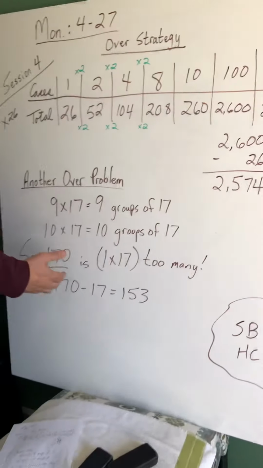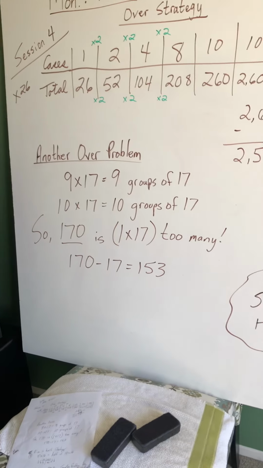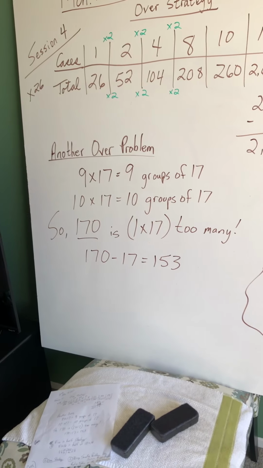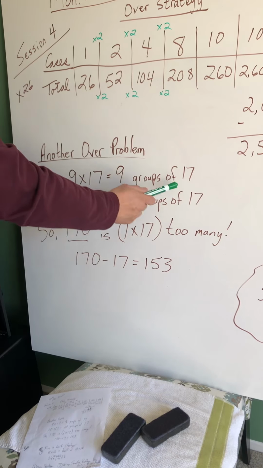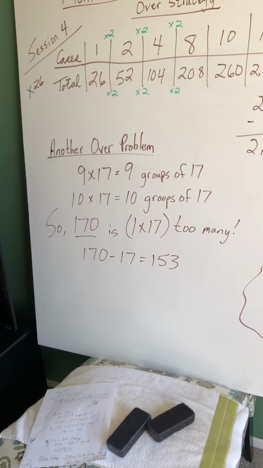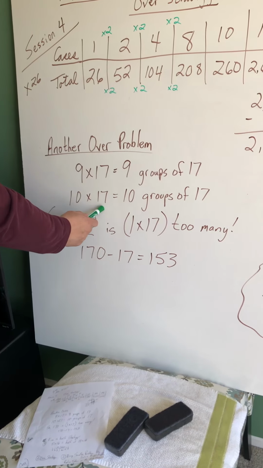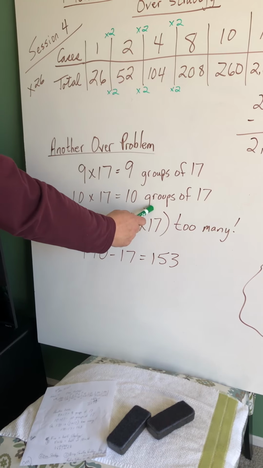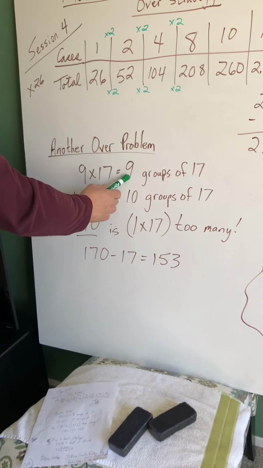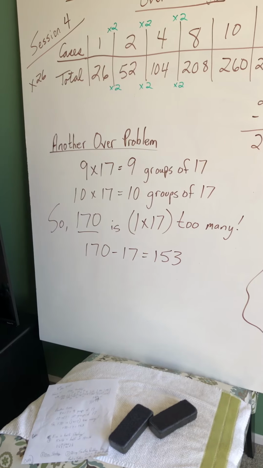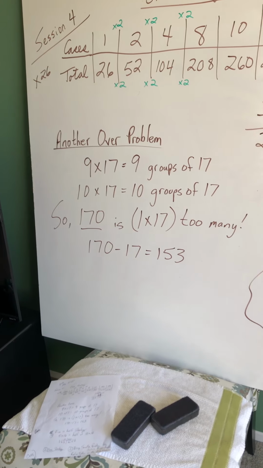Now, underneath that, we have another over problem. Say you're doing 9 times 17. Well, that's 9 groups of 17. And then you're thinking, well, 10 groups of 17, 10 times 17, all right? So this has one more group of 17 in it than 9 groups of 17.